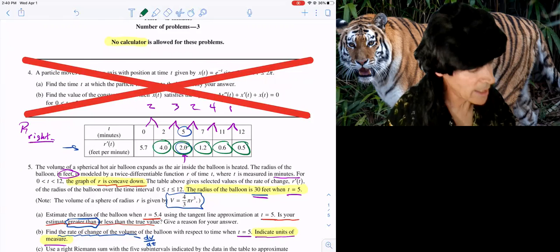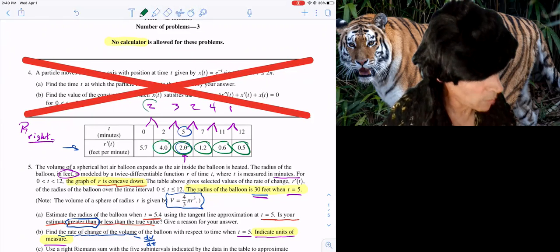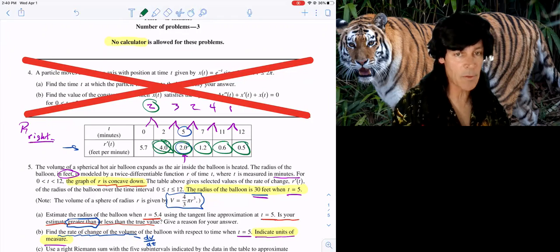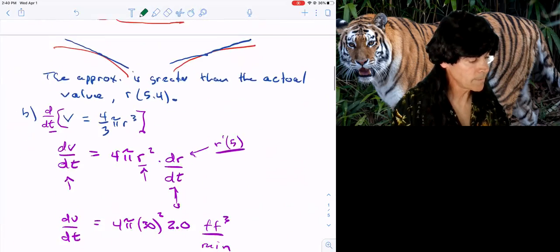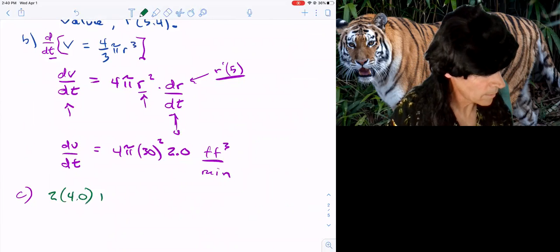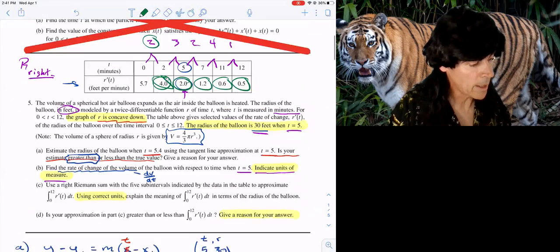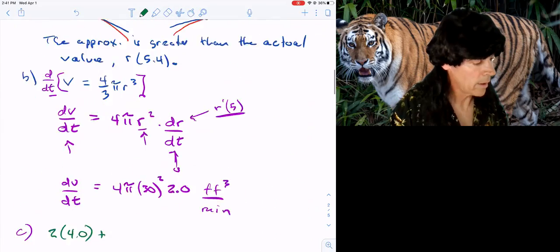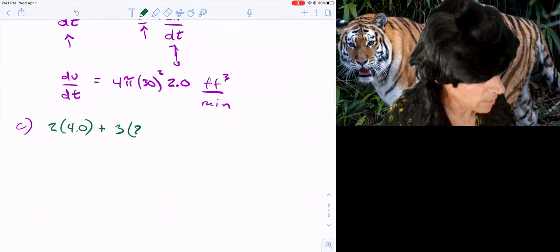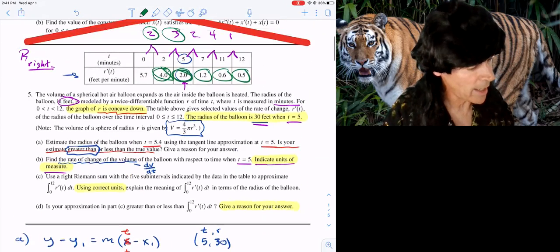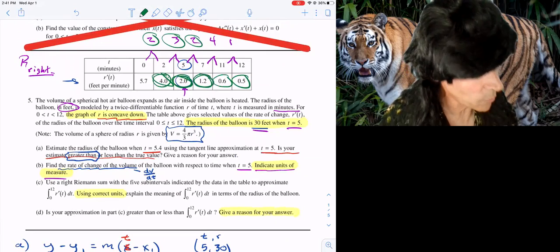So now I just got to take the change times that. Got it? So here I go down below. 2 times 4.0, plus the next one. Get my change: 3 times 2.0. Then we got 2 times 1.2.